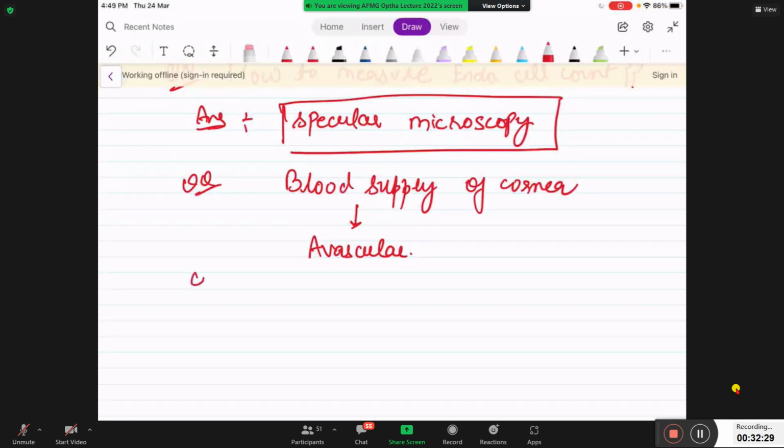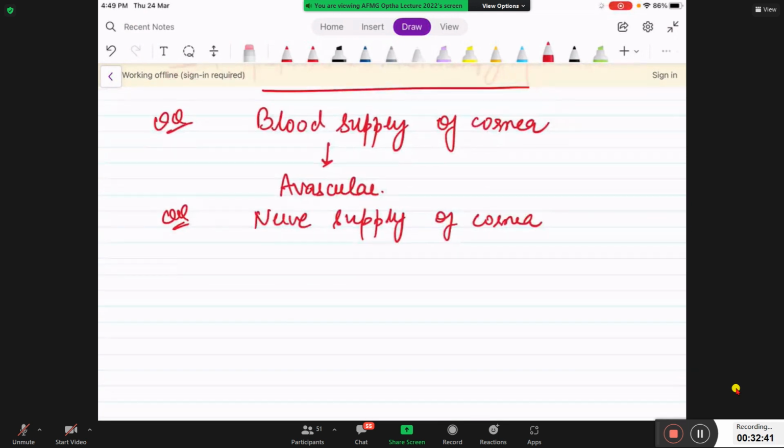Right. Now, the next question, if they ask you: what is the nerve supply of cornea? To remember the nerve supply of the cornea, you have to remember the mnemonic TON. TON is phonetically similar to dawn, right?